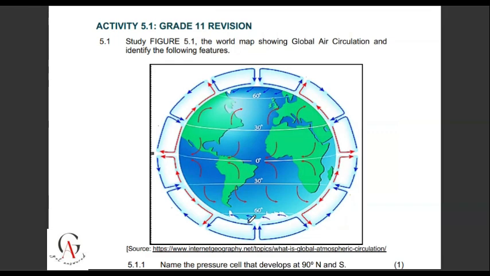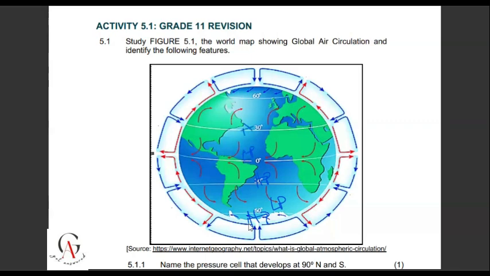It's a high pressure belt. This is the polar high, around 90 degrees to the south. This is high pressure. And this is the subpolar. It's a low pressure. And this is the subtropical. It's a high pressure. And this one is the equatorial, or the ITCZ, which is the low pressure. The same sequence applies as we go to the north. It's low from the equator.